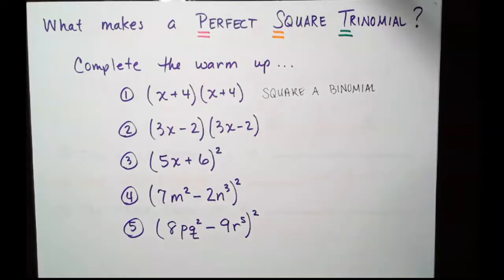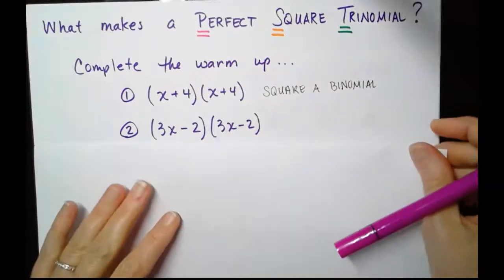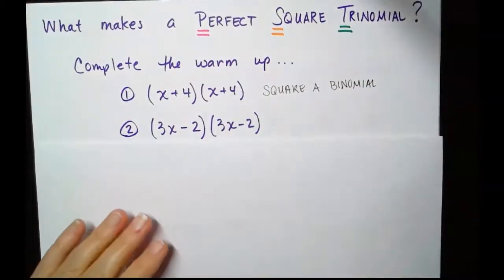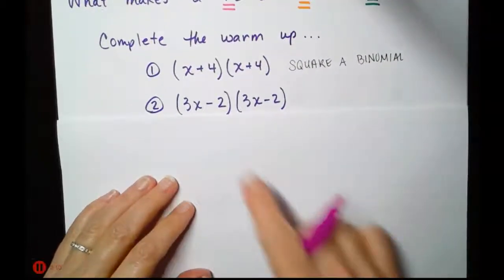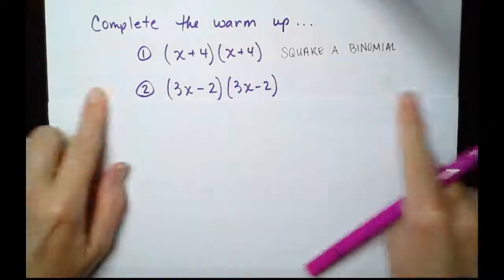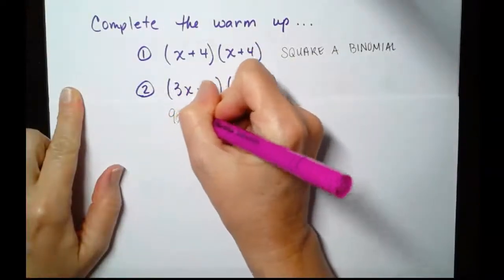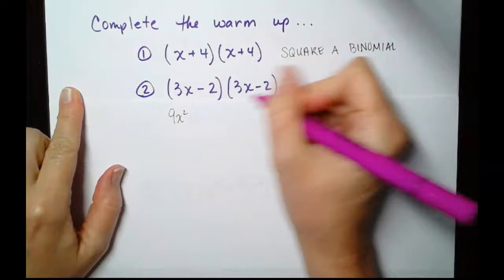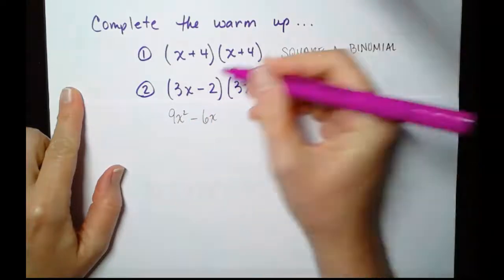Number 2, 3x minus 2 times 3x minus 2. Again, in order to get a perfect square trinomial, you have to square a binomial. So 3x minus 2 times 3x minus 2 is 9x squared. Outsides minus 6x.